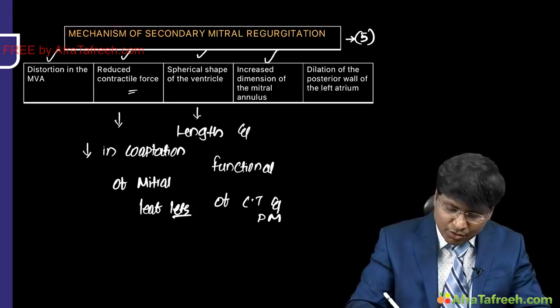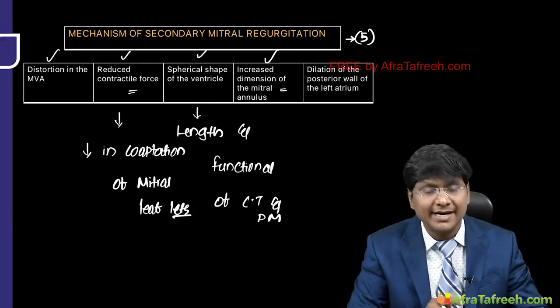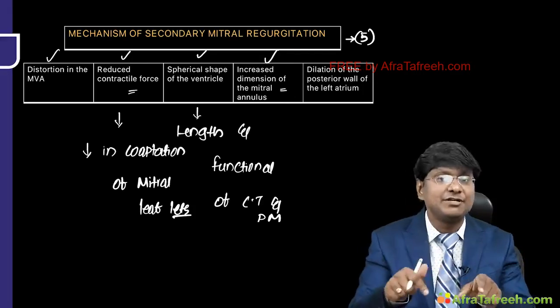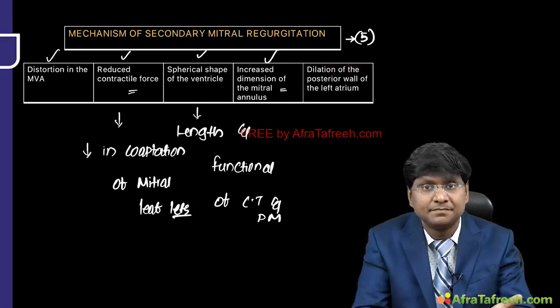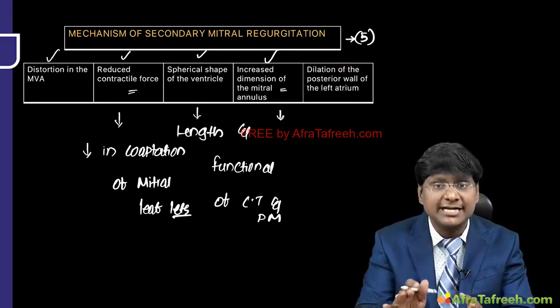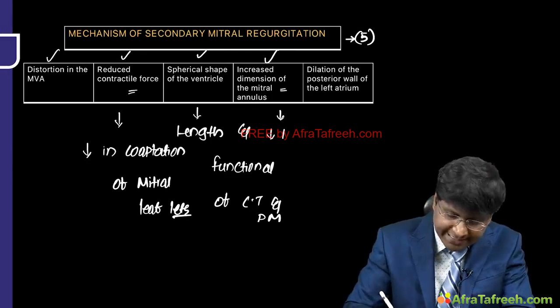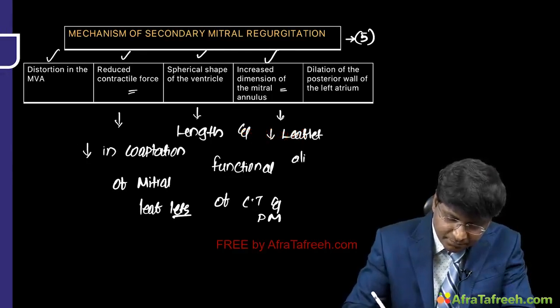And there is also increased dimension of the mitral annulus, right? And this increased dimension of the mitral annulus, for example as a part of dilated cardiomyopathy. So once there is increased dimension of the mitral annulus, that will cause reduced leaflet alignment, right?